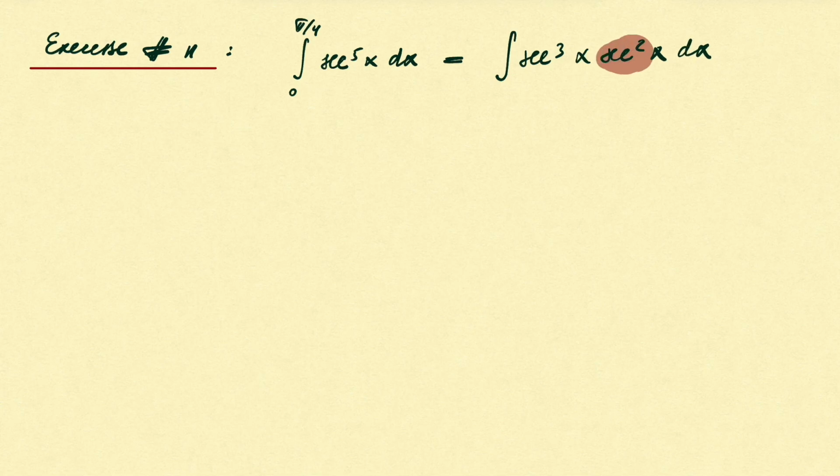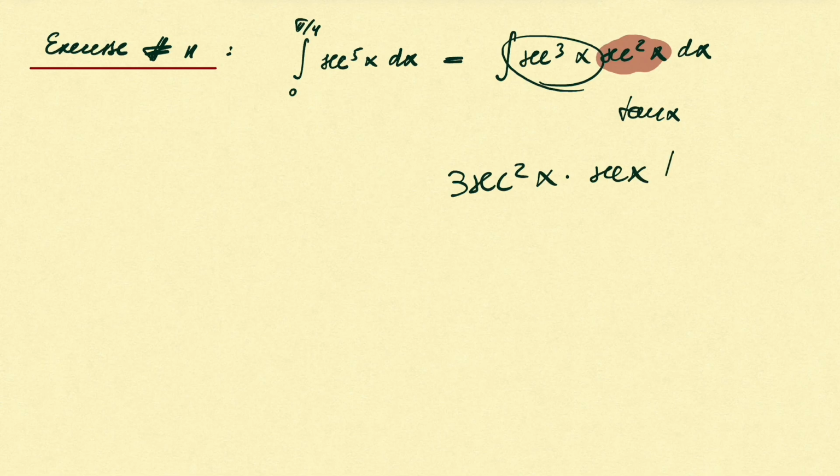Because we know that the antiderivative of secant squared x is tangent x, and then we can find the derivative of secant cubed x. We'll have something like secant squared x multiplied by the derivative of secant x, which is secant x tangent x.